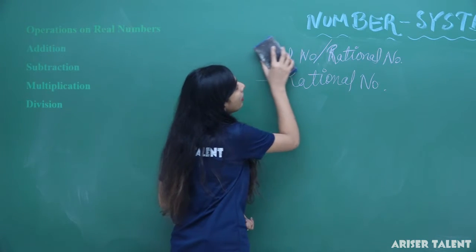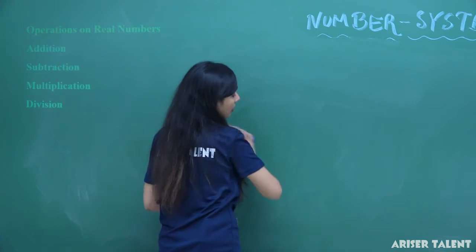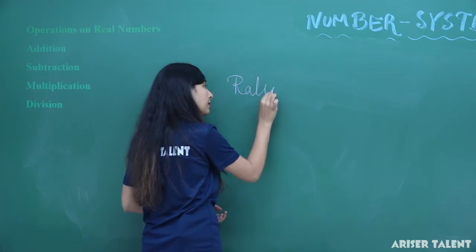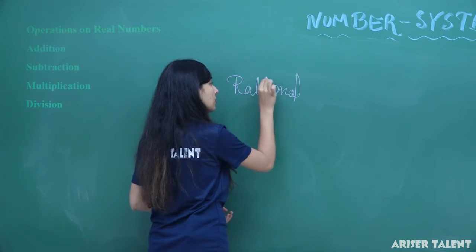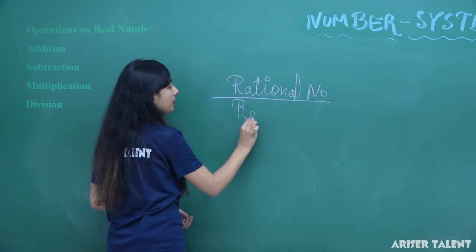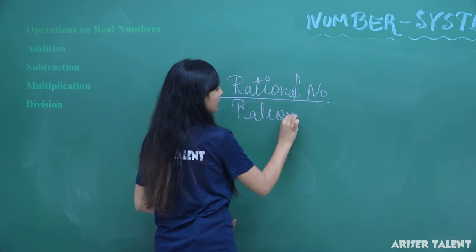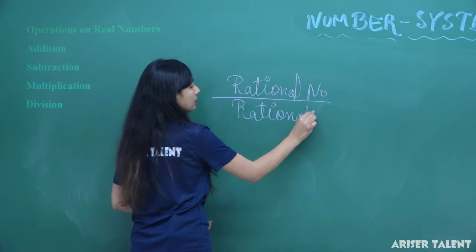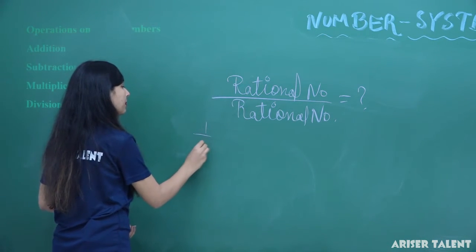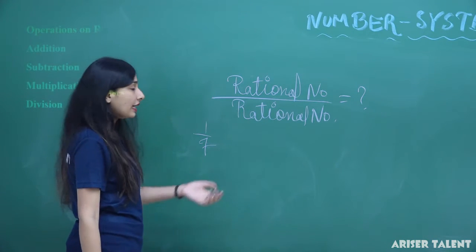Why? Students, a rational number divided by a rational number will be what? Like if you divide 1 by 7, you get some value.